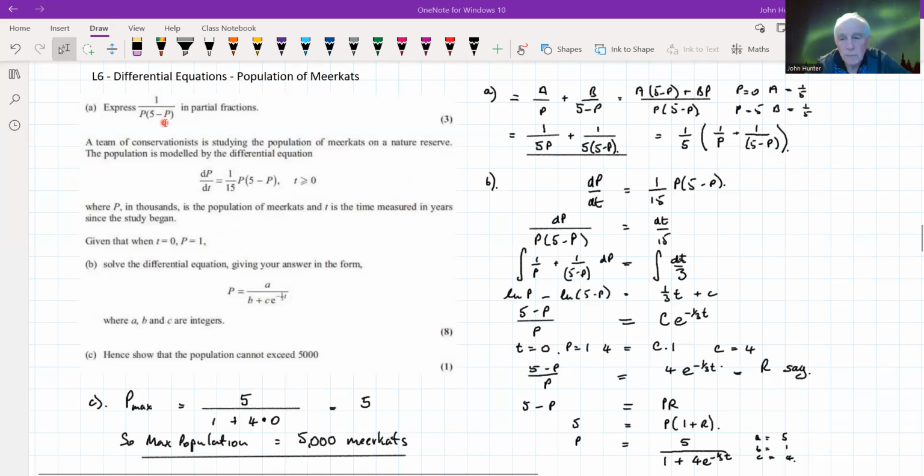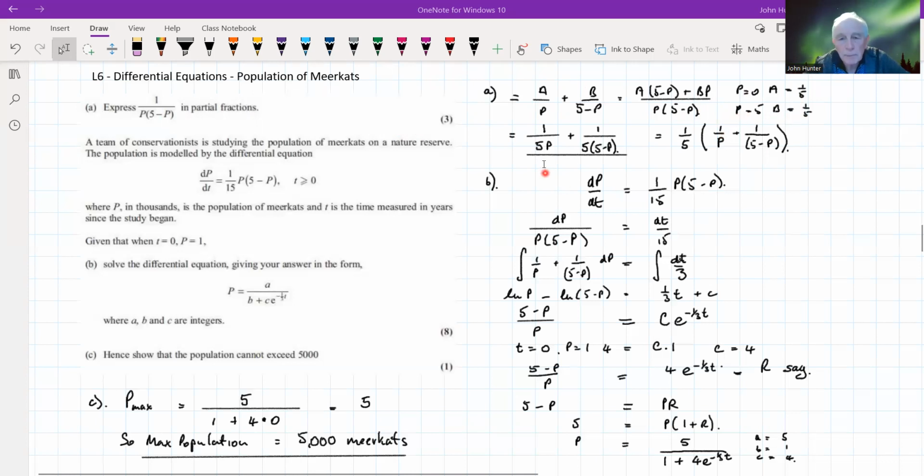Okay, so we'll just do a partial fractions operation here. We can express this in this form. If we multiply this out with a common denominator, and then in turn substitute p = 0, that gives us A = 1/5, and then after that p = 5, and that gives us B = 1/5.